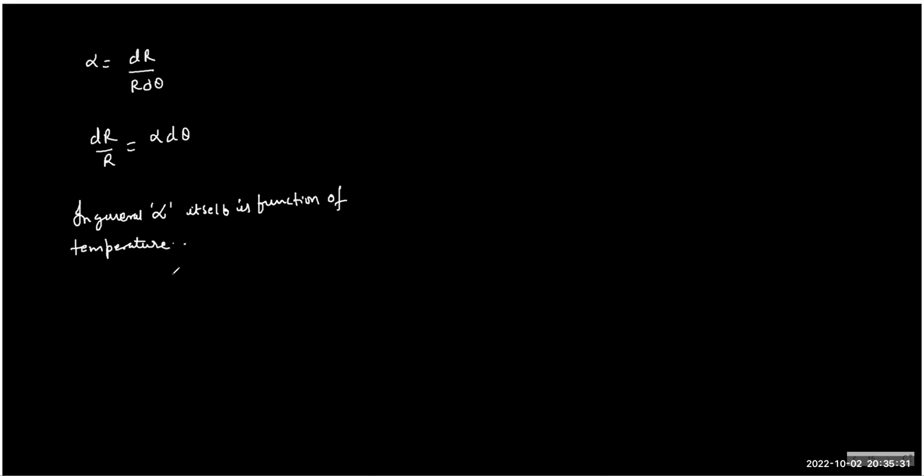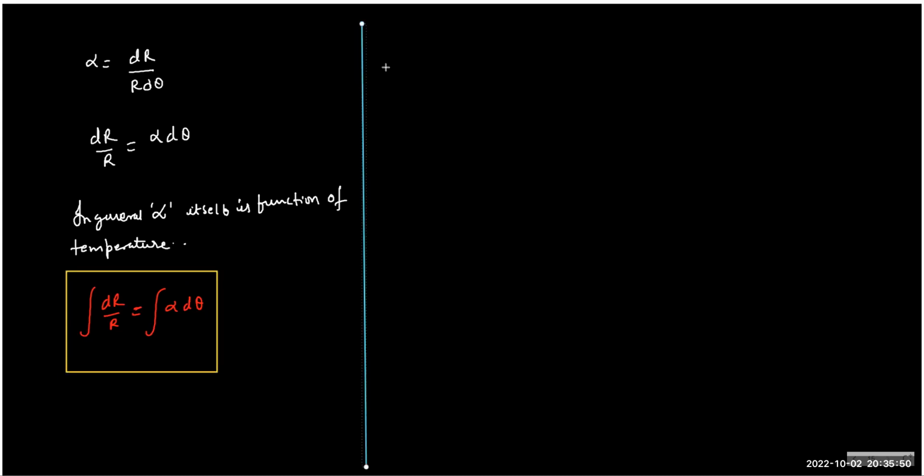So if you integrate both sides, until you do not know the alpha variation, you cannot integrate. So this is the first thing you need to know.